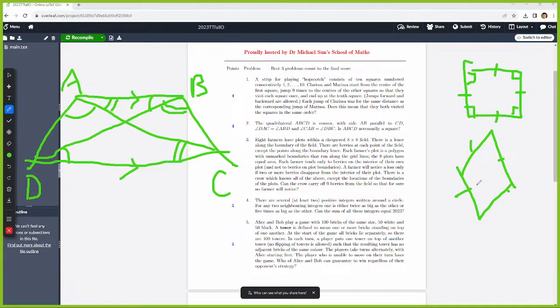All right. So there's actually quite a lot of things that go into this.